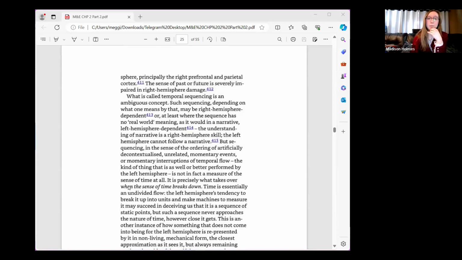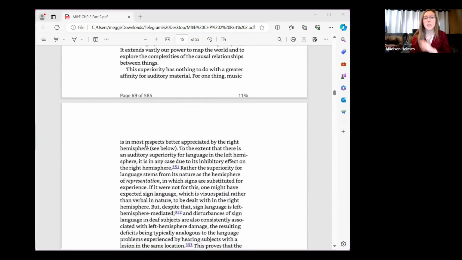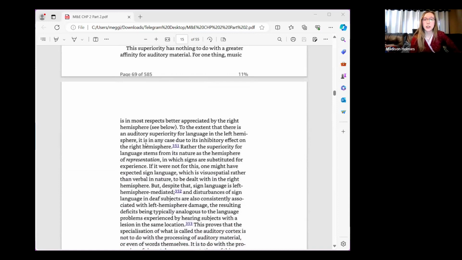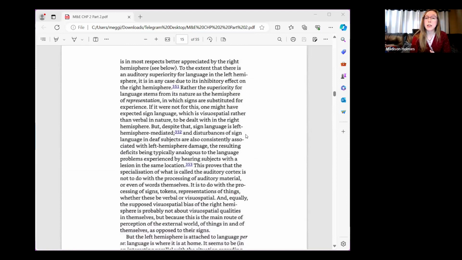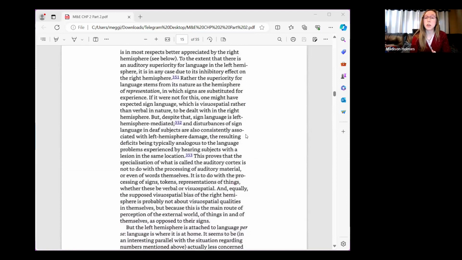So my screenshot started here: This superiority has nothing to do with a greater affinity for auditory material. For one thing, music is in most respects better appreciated by the right hemisphere. To the extent that there is an auditory superiority for language in the left hemisphere, it is in any case due to its inhibitory effect on the right hemisphere.